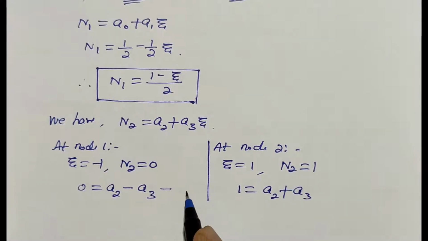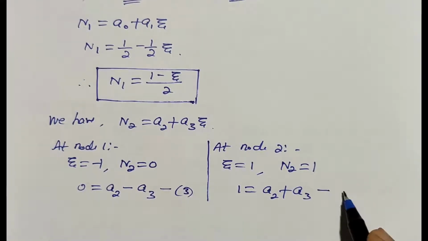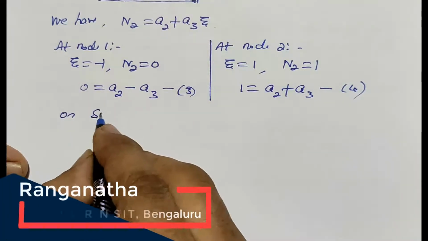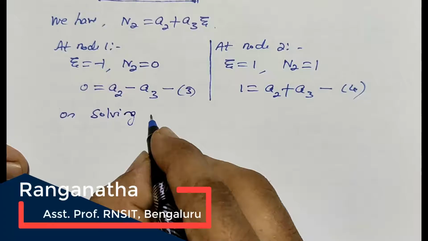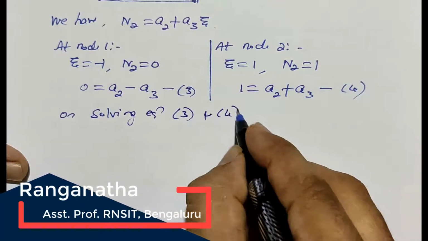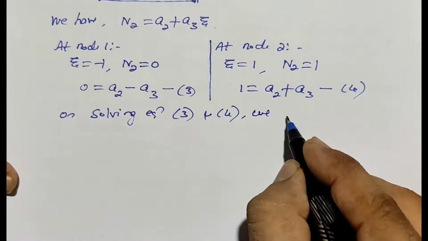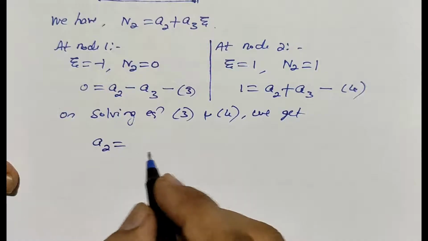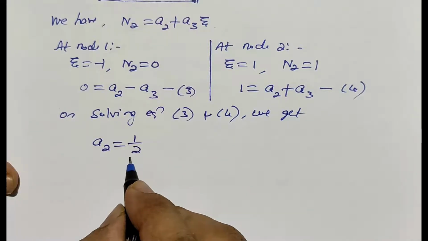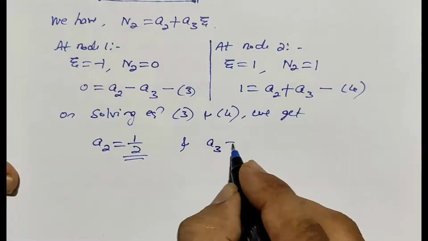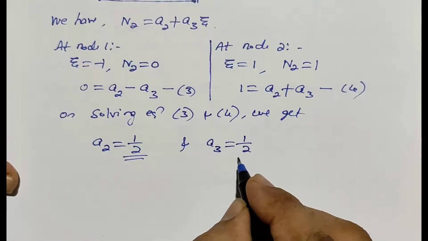I will take this equation as 3 and this equation as 4. Now, on solving equation 3 and 4, we get A2 is equal to half and A3 is equal to half.